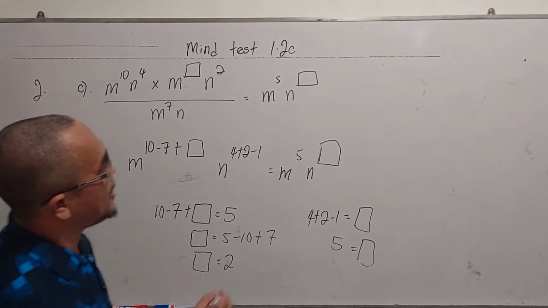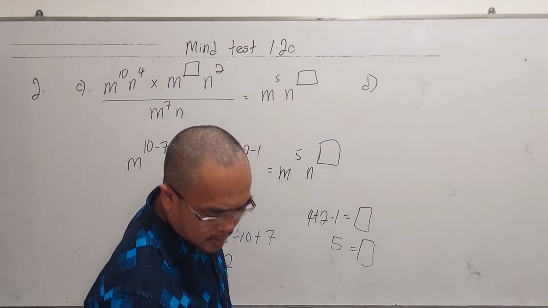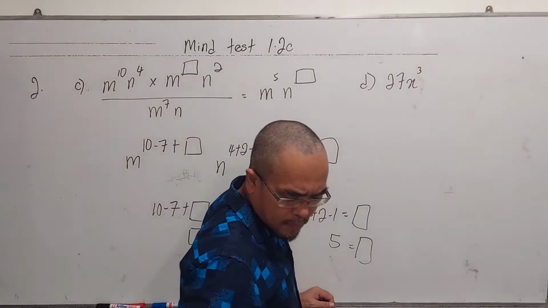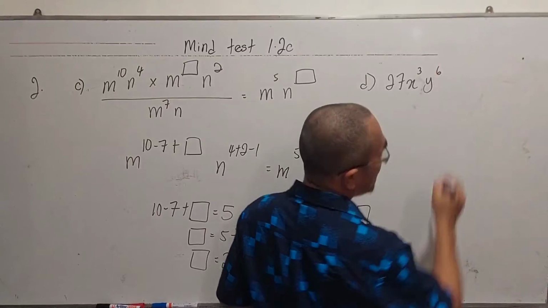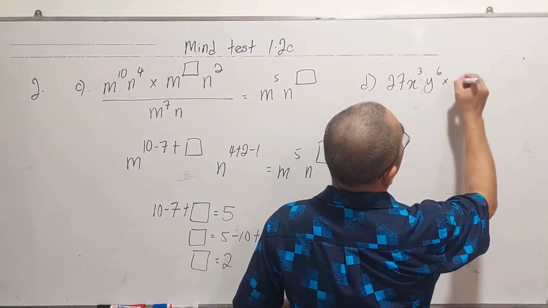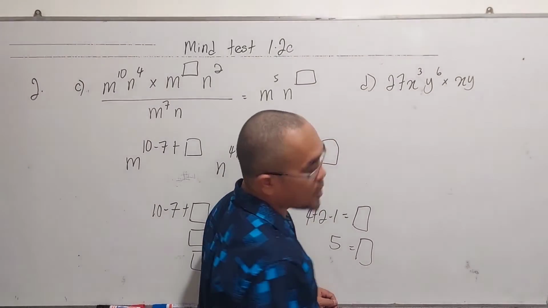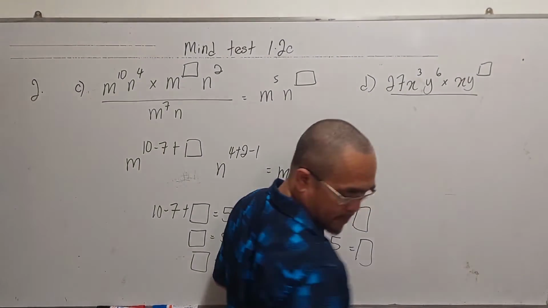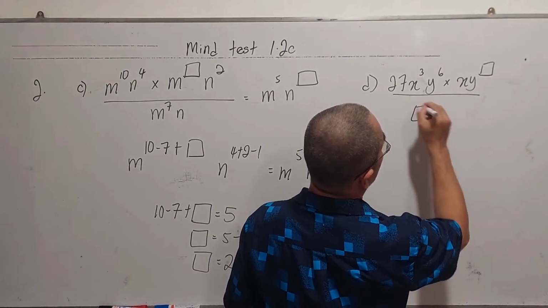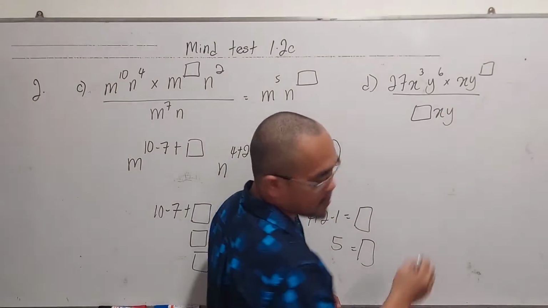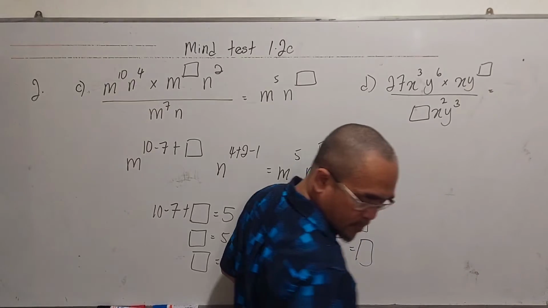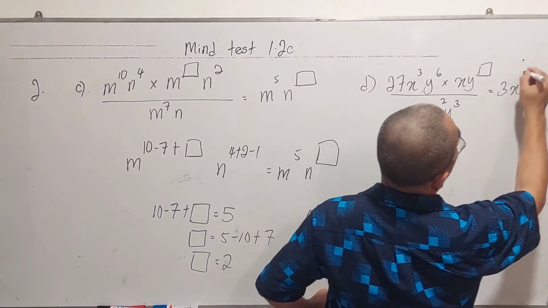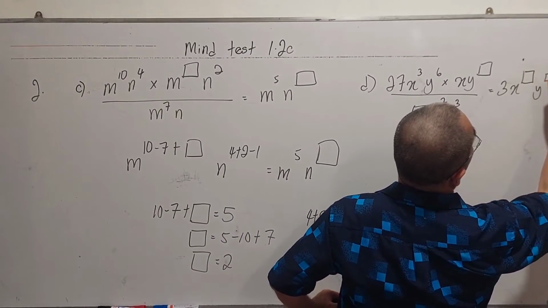And we have the last one for D, number 2. 27x to the power of 3, y to the power of 6, times xy to the power of box, y only to the power of box, divided by box x to the power of 2, y to the power of 3 equals to 3x to the power of box, y to the power of 5.